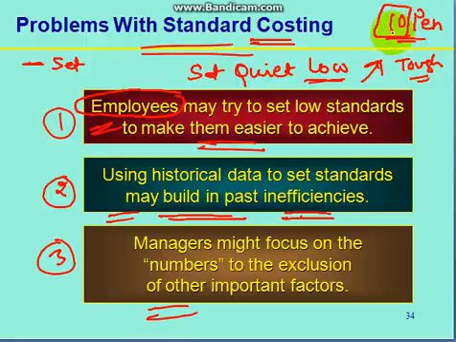They deprive the quality of the pen and try to make it in 10 rupees only. They don't look at the other important factors which are essential in the product. So this is the third factor.